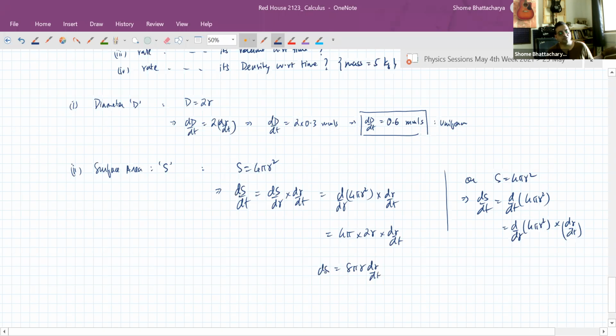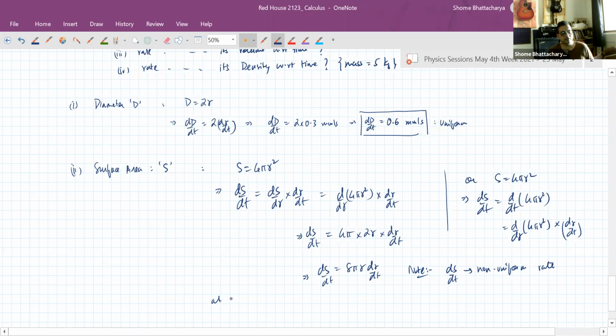So what we notice here is that this is going to be a variable rate of change because r is changing with time now. So ds by dt will be a non-uniform rate, because it's proportional to r and r is changing with respect to time.